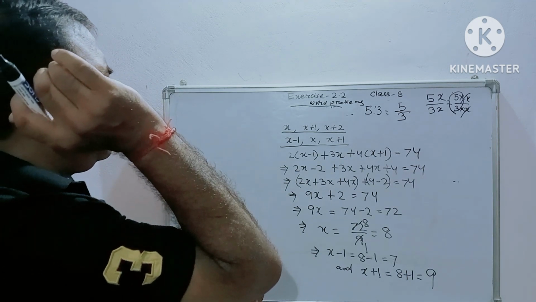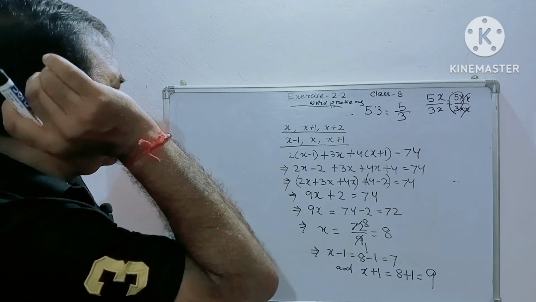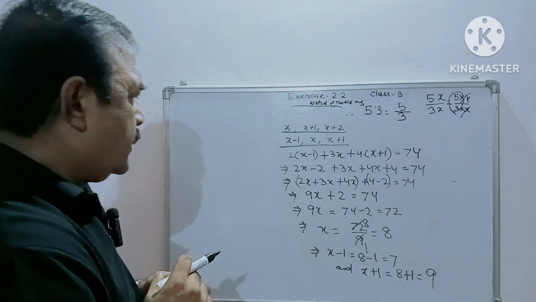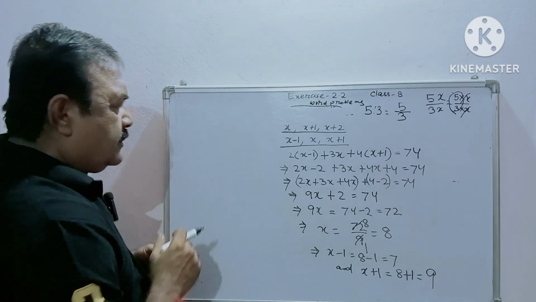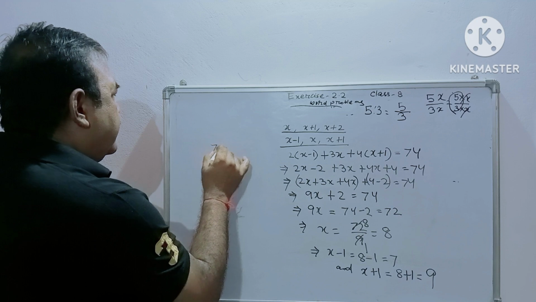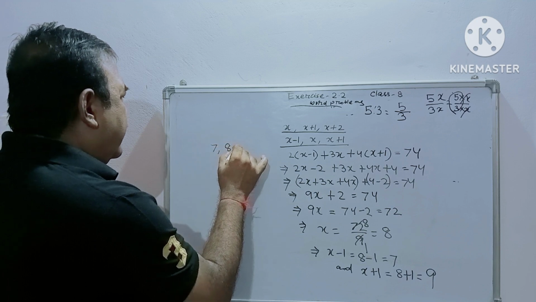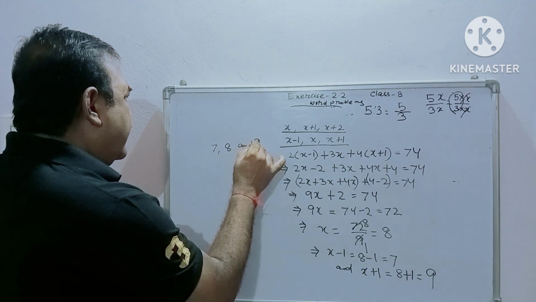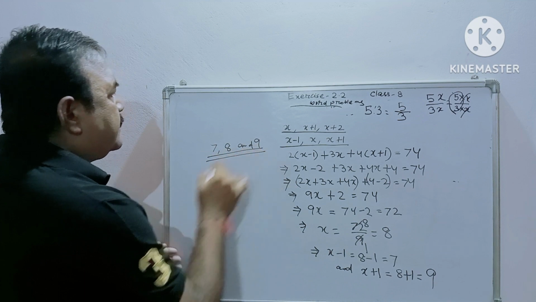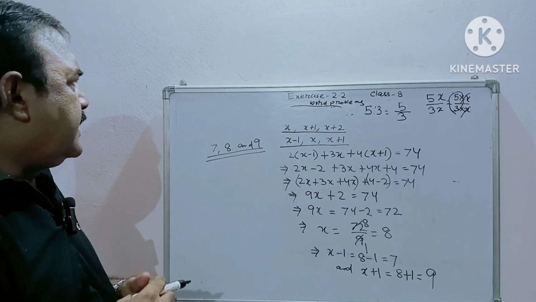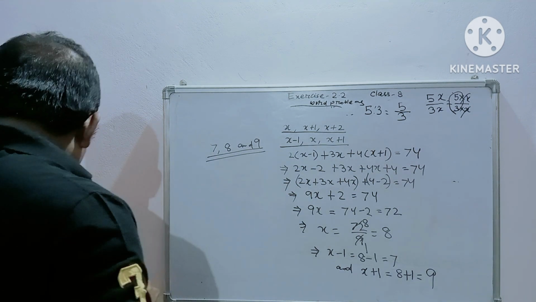So the 3 consecutive numbers we got are 7, 8 and 9. These are the answers we will have to write.